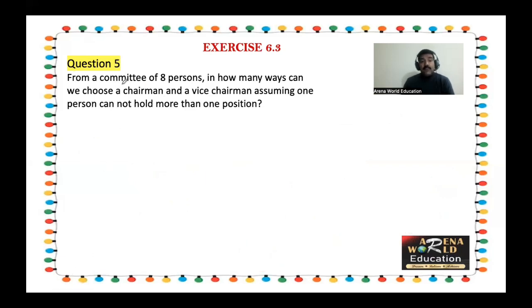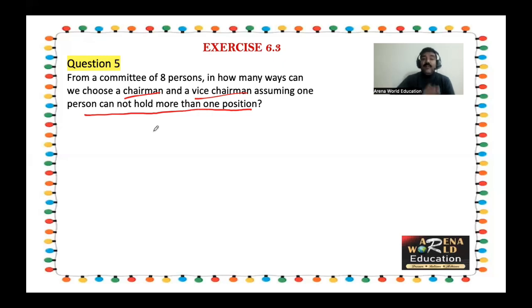So now, from a committee of 8 persons, in how many ways can we choose a chairman and a vice chairman, assuming one person cannot hold more than one position? If we read this question carefully, we are choosing two different persons, right?